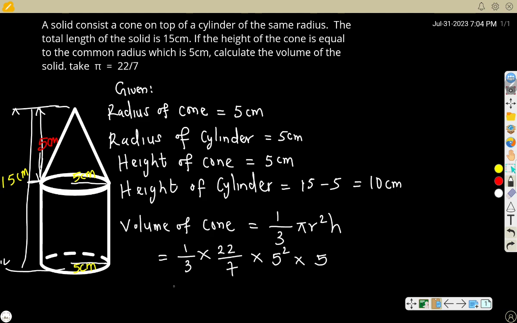You can multiply everything now. 5 square is 25. Every number that stands alone is over 1. So volume of cone is equal to 1 times 22 times 25 times 5. You can use your calculator.